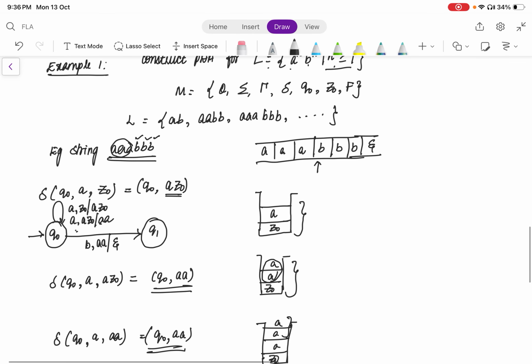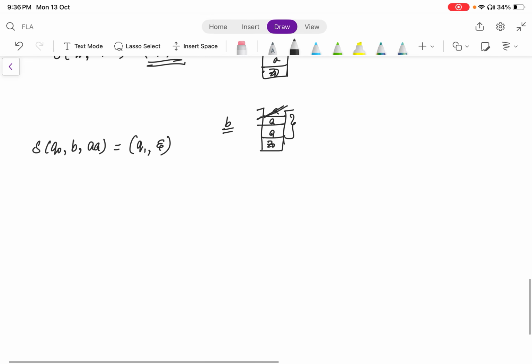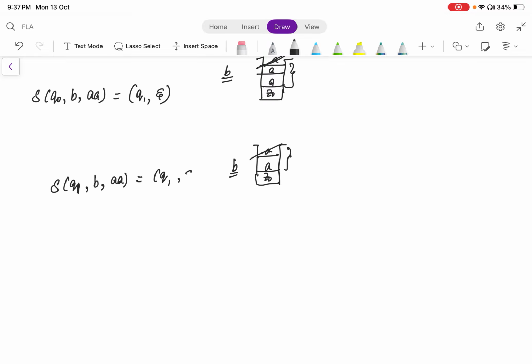Now the first b is done. You move to the second b. For the second b, you have to pop the second a. What is the current status of the stack? a a, right. Another b is coming, so you have to pop another a. The state is q1 now. q1, b, the state of the stack is a a before adding the input, equal to q1, comma, epsilon.